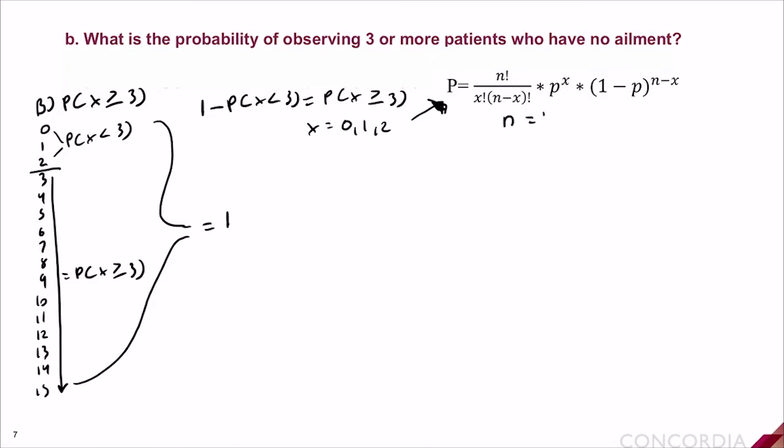Our N in the formula will be 15 as before. Our X will change from 0, 1 to 2. Our P will be 0.05, same as before, and our Q will be 0.95. We will begin by testing 0.